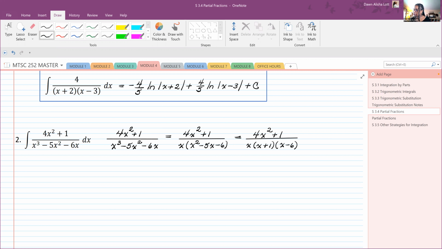Okay. So now we're going to take (4x squared plus 1) divided by x times (x plus 1) times (x minus 6) and split it.